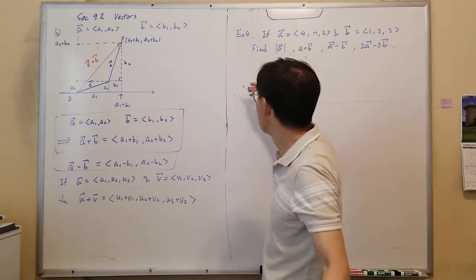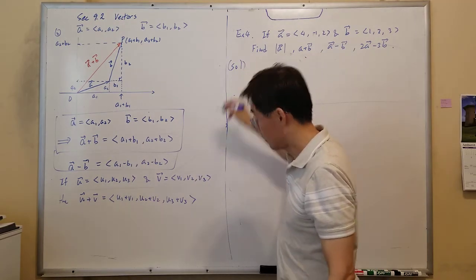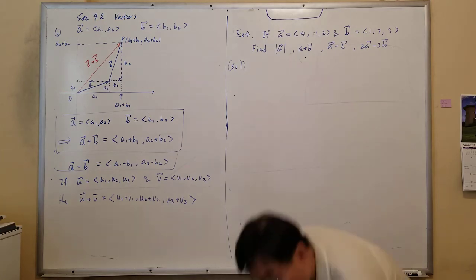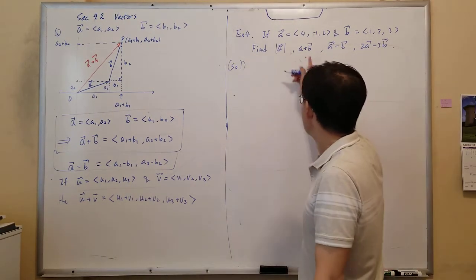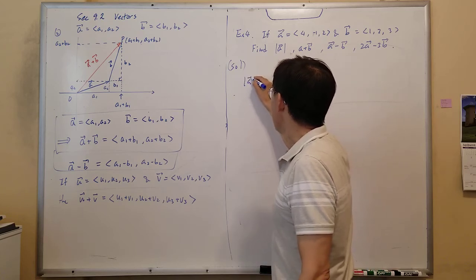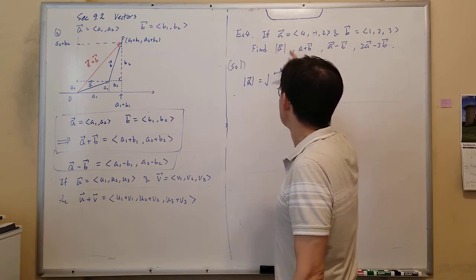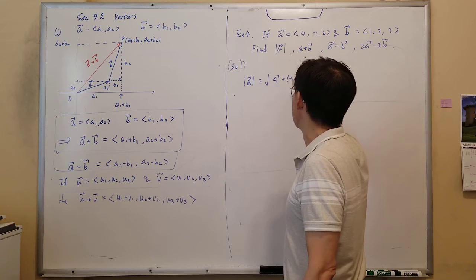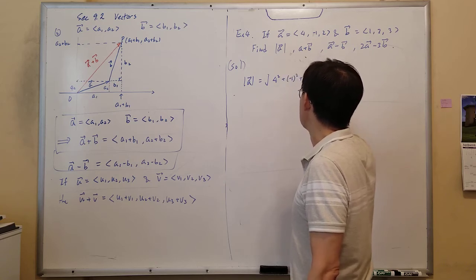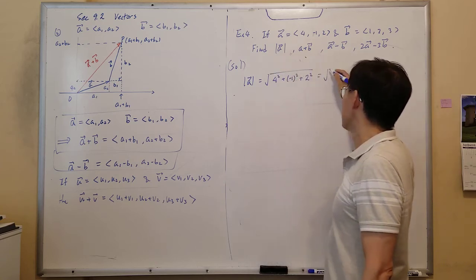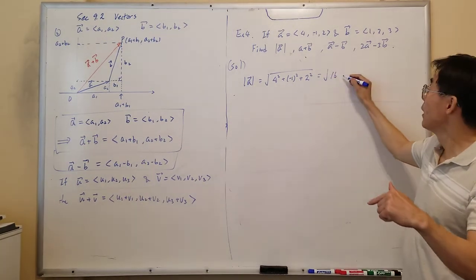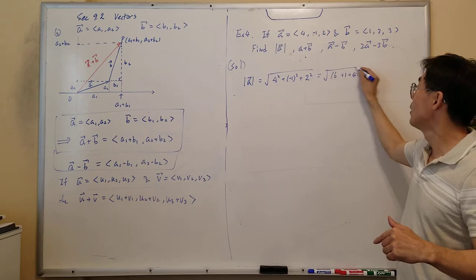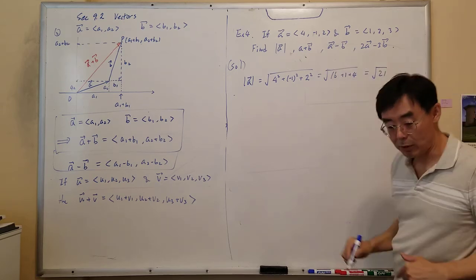Okay? That's easy. What is it? So the magnitude of A is the square root of the X component squared, Y component squared, Z component squared. So square root of 16, 1, 4, and that is square root of 21.